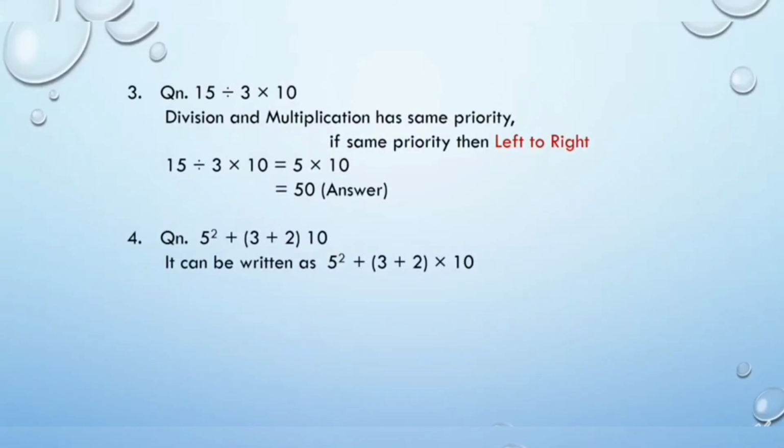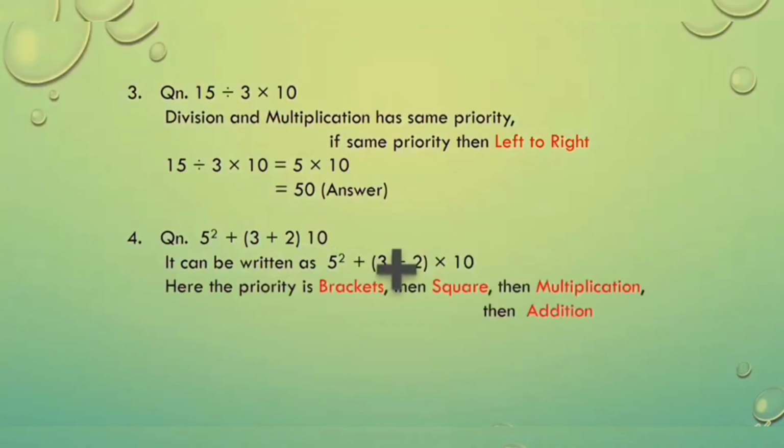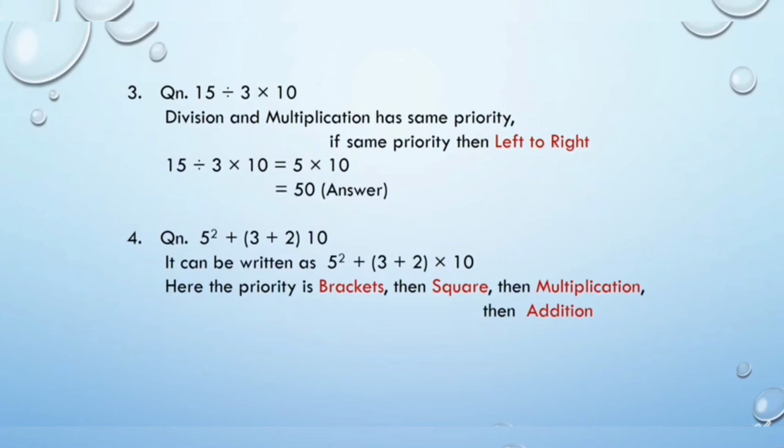So here which all operators are there? We have brackets, square is there, square comes in order, O. Then we have addition. So according to BODMAS, bracket should be done first, then order. Square comes in order. So we need to do square, then multiplication, then addition.